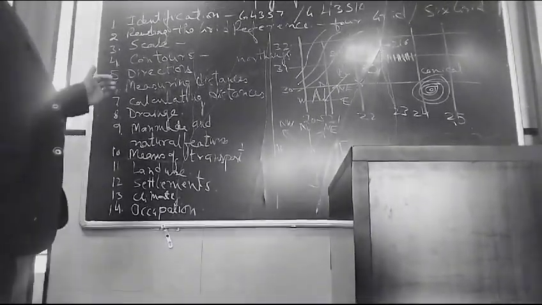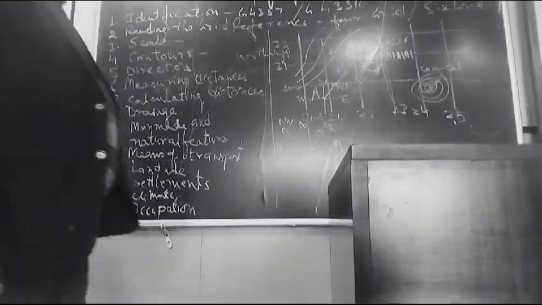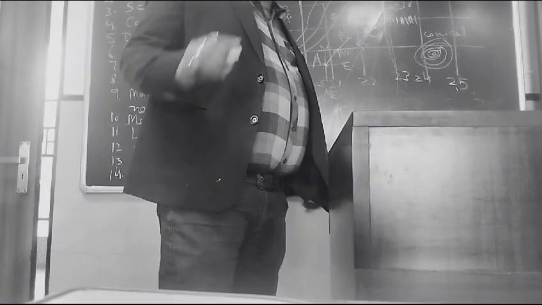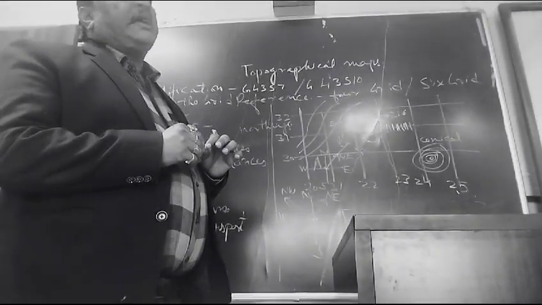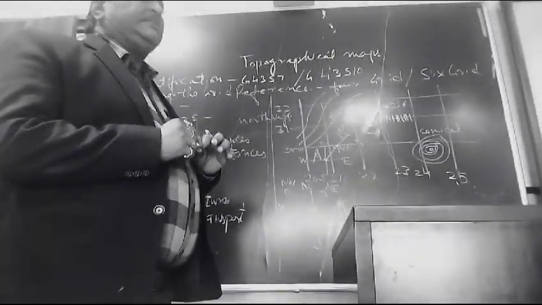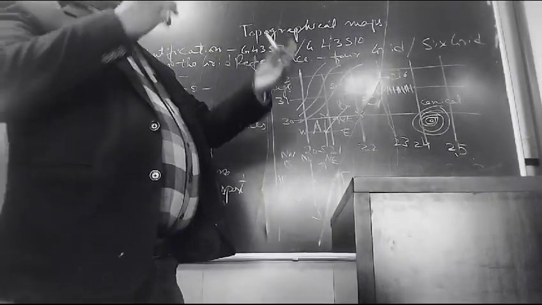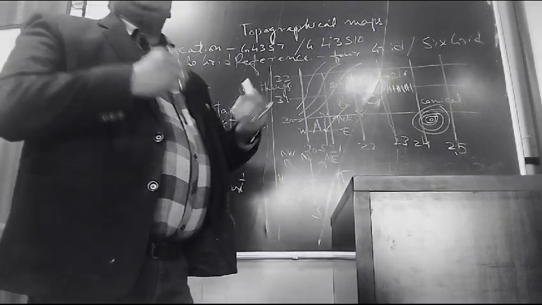Now let's see how to measure distances between the places, and here we have to be again very particular about the language in which it is asked. The question may be asked like: find out the distance between two places in which the crow flies.